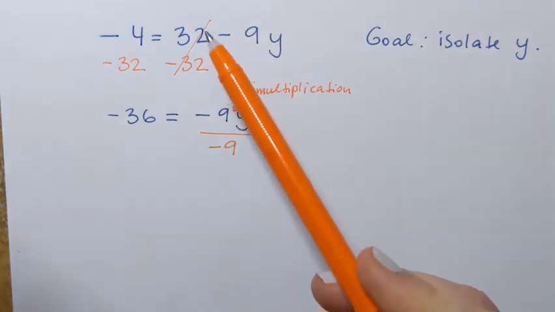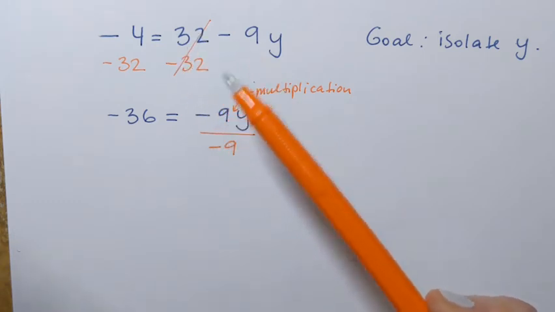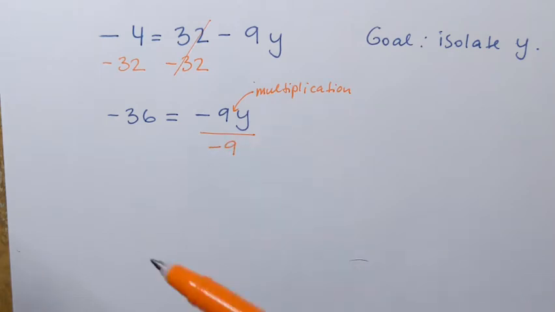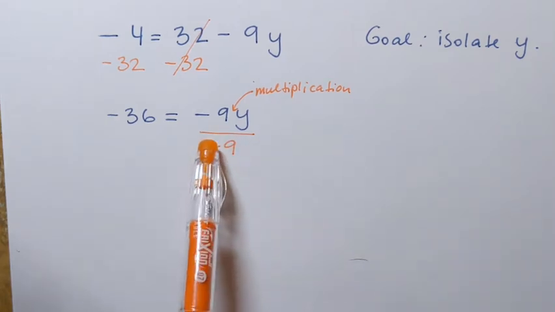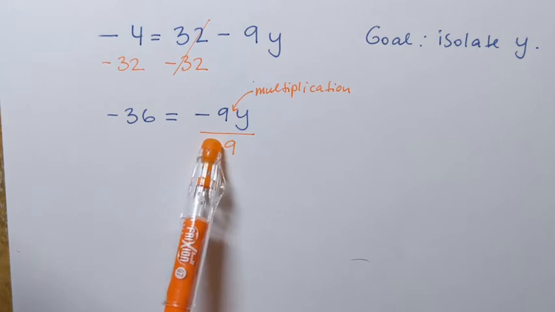While we use opposite signs when we add or subtract to cancel numbers, when we divide, we want to divide by the number with the same sign, because think what happens if I divide by +9. What is -9 divided by +9? It's going to be -1, so -y, in other words, and I don't want -y. I want just y.